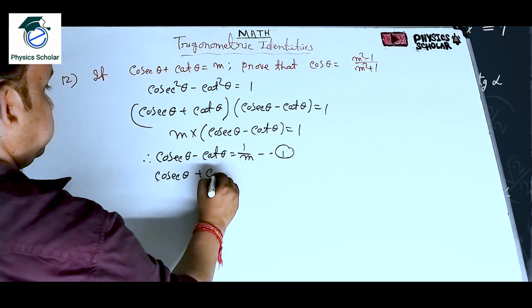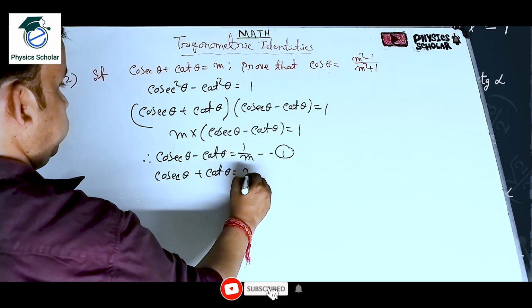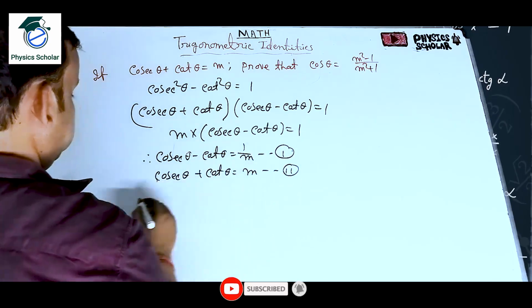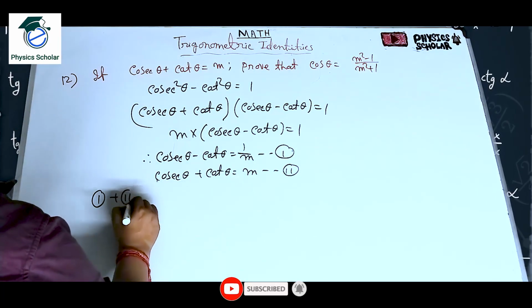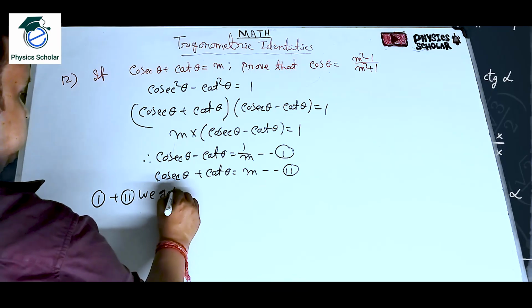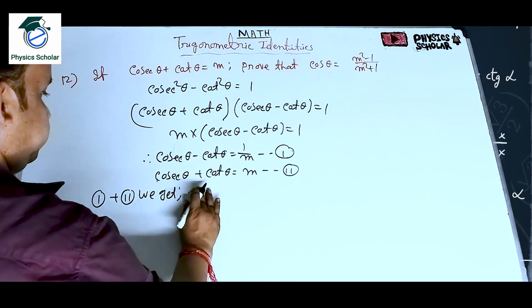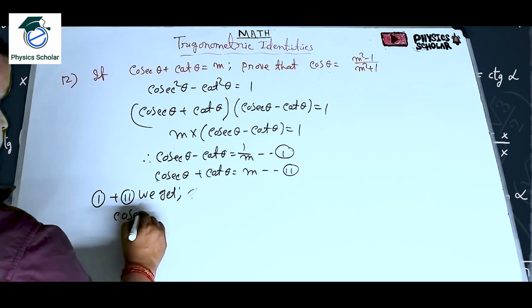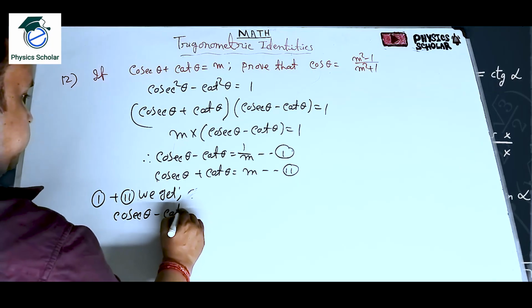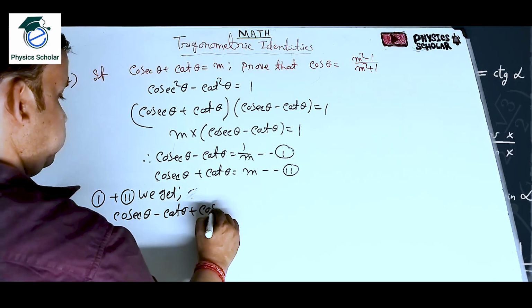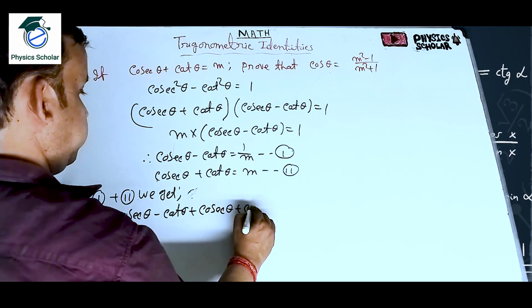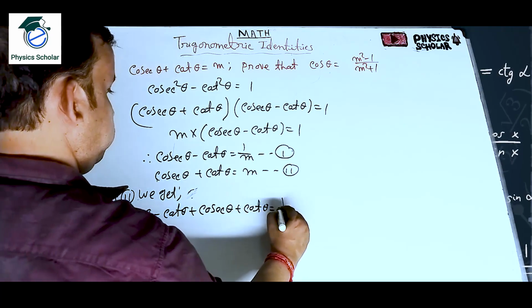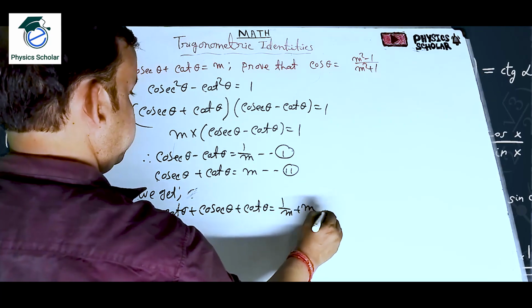Again, cosec theta plus cot theta is equal to m. That is equation number 2. So 1 plus 2, we get what? We get cosec theta minus cot theta plus cosec theta plus cot theta is equal to 1 by m plus m. Clear?